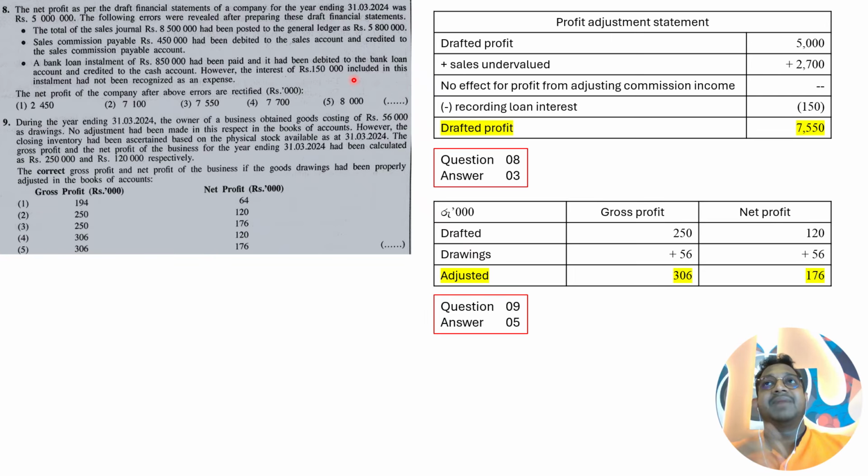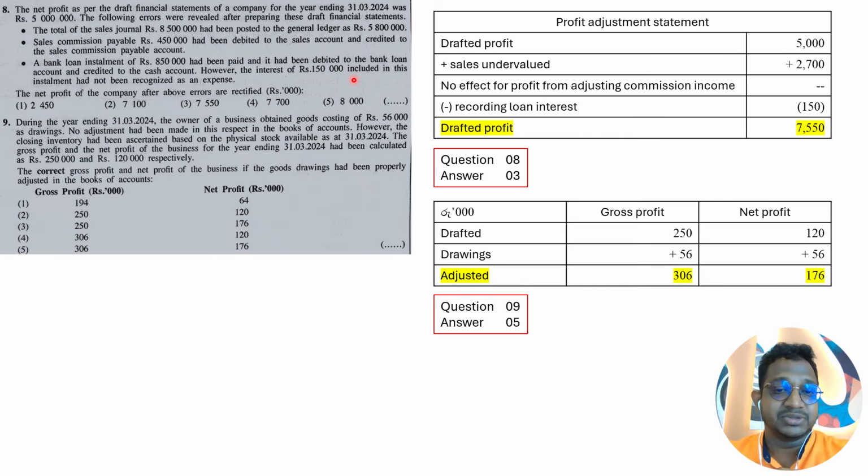When you're paying the bank loan installment, it includes the bank loan plus interest. So the bank loan is a decrease of a liability, but the interest payment is an expense for you, right? So recording loan interest, from the draft profit you have to deduct that. Then you can find the adjusted profit as 7,550. So the correct answer for question number 8 is answer number 3.